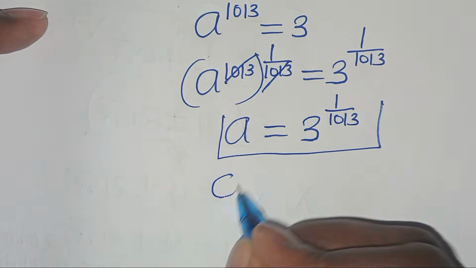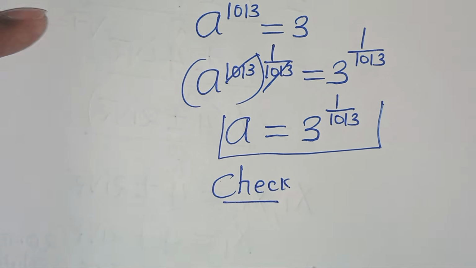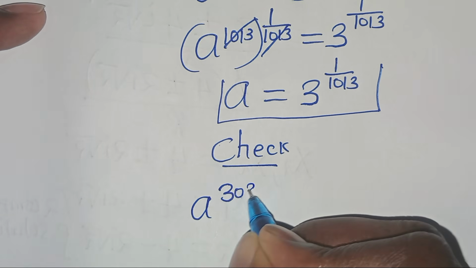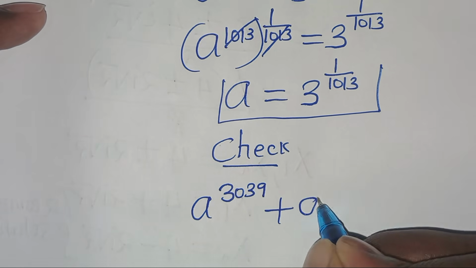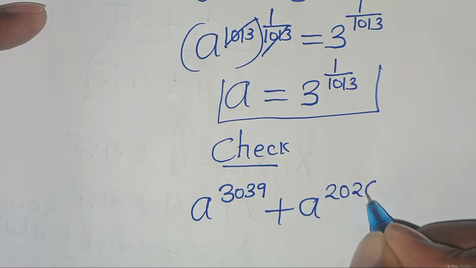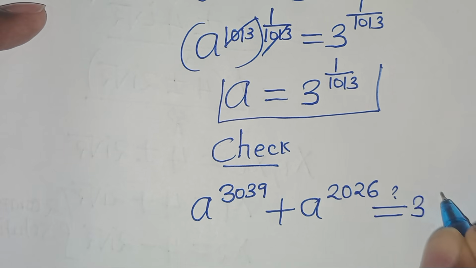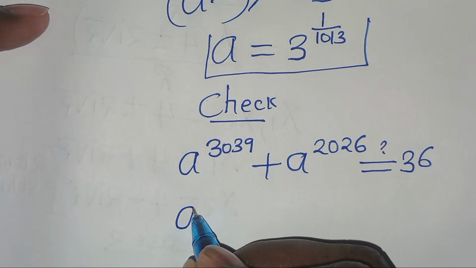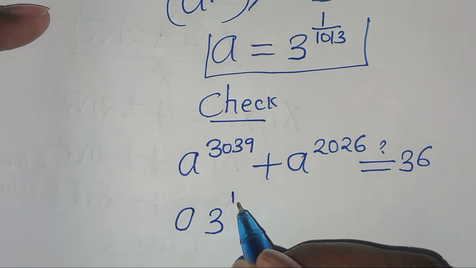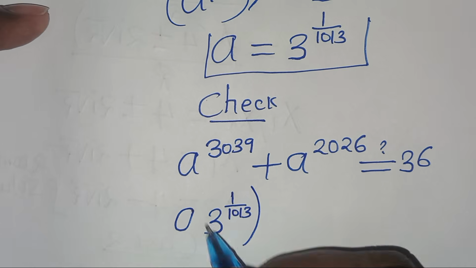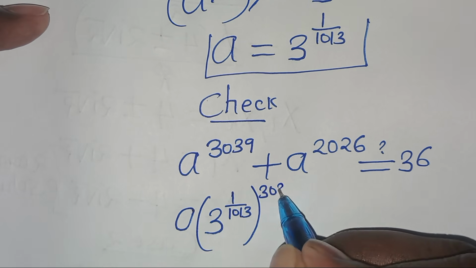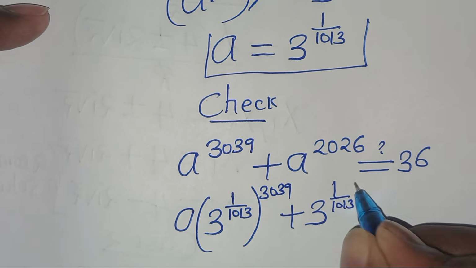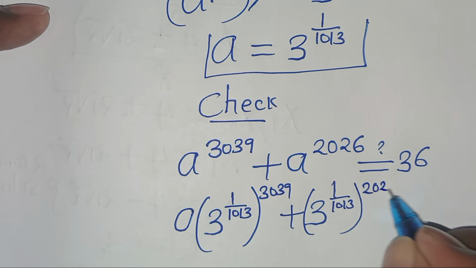Now let's check if this value of A satisfies the equation. If you recall, we had that A to the power of 30, 39 plus A to the power of 20, 26 is supposed to give us a value of 36. Let's substitute the value of A, which in this case is equal to 3 to the power of 1 over 10, 13, raised to the power of 30, 39, then plus 3 to the power of 1 over 10, 13 raised to the power of 20, 26.